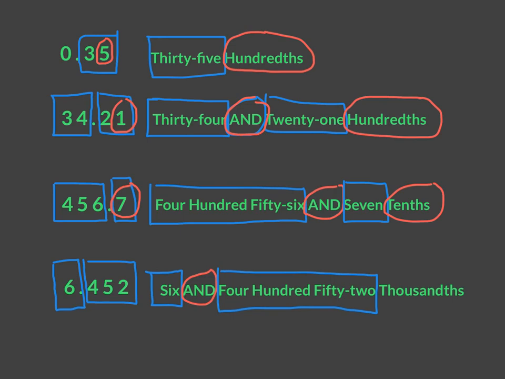Finally, we look at the digit to the far right to determine what place value it's in. The 4 is in the tenths place, the 5 is in the hundredths place, and the 2 is in the thousandths place. Therefore, 6.452, when read properly, is 6 and 452 thousandths.